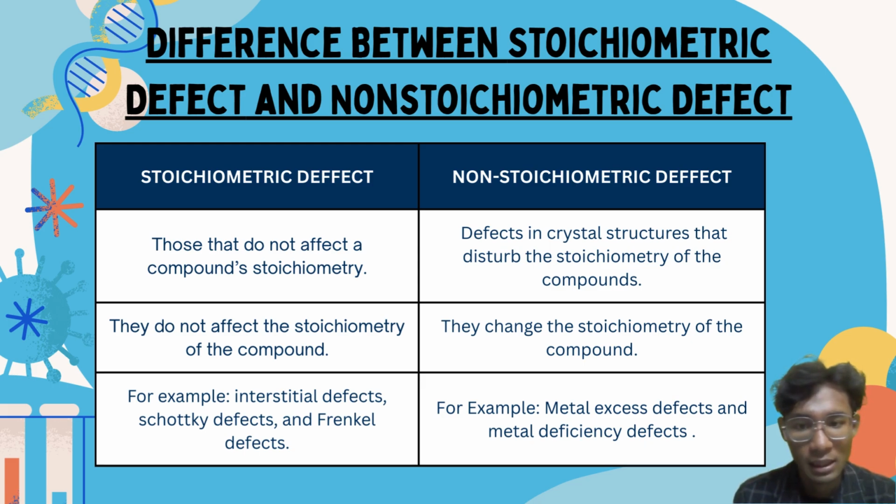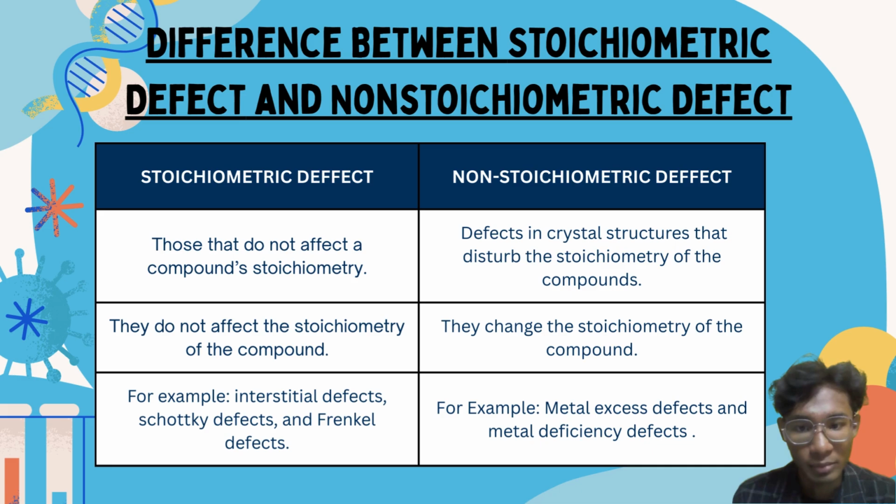In contrast, non-stoichiometric defects are crystal defects that alter the stoichiometry of a compound by changing the ratio of metal ion to non-metal ion. These defects are common in transition metal compounds and result in compositions that do not have exact whole number ratios.